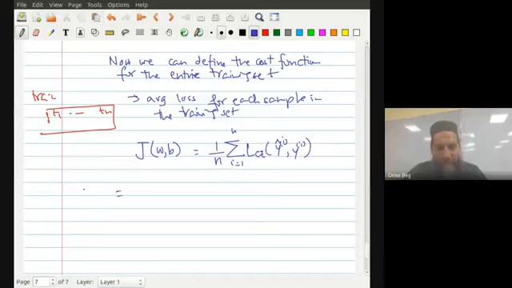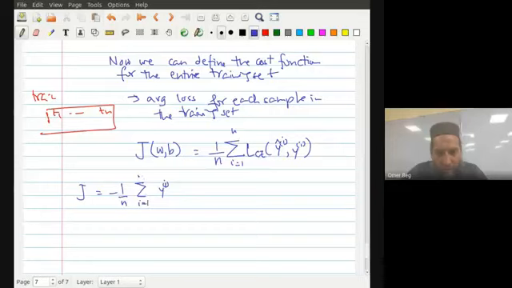So let me open this up. This cost function j, when I plug in the value of the cross entropy loss from our last page, becomes minus 1 over m, the summation of y of i. Sorry, this is not an m, this is an n.